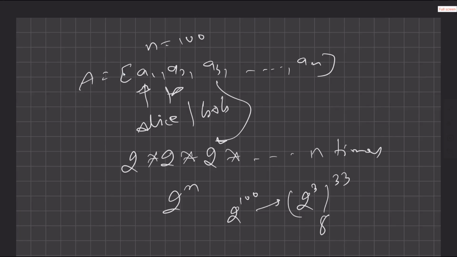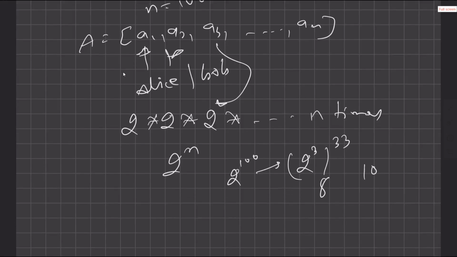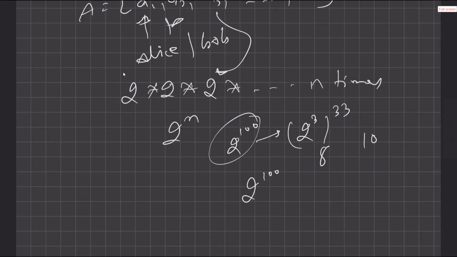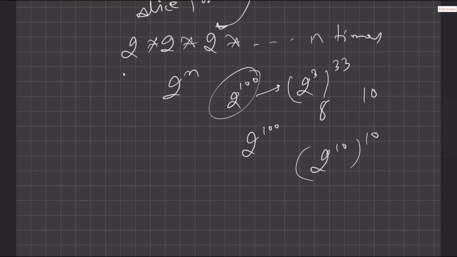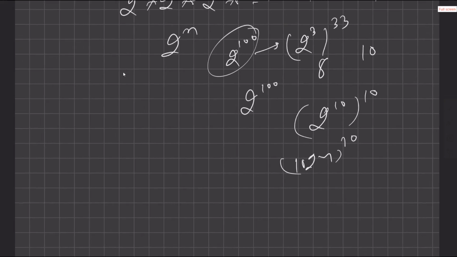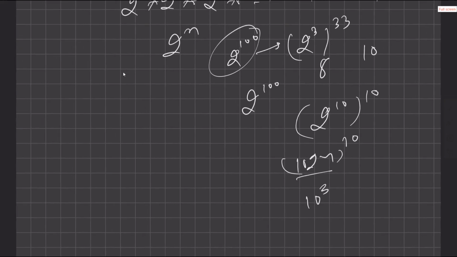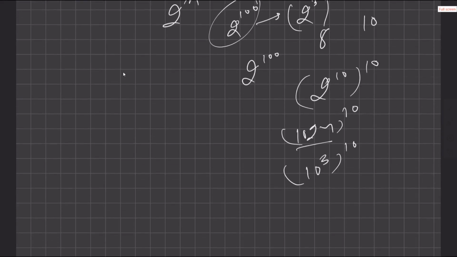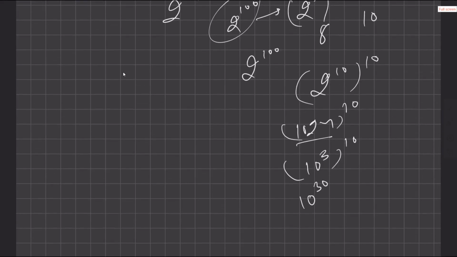What I'm trying to show is basically 10 power how much it is going to come. 2 power 10 is a huge number, sorry, 2 power 100. So 2 power 10 is 1024, and this 1024 can be written as roughly 10 power 3, so 2 power 100 will be about 10 power 30. So it's much greater than 10 power 8, so it is going to give you TLE.